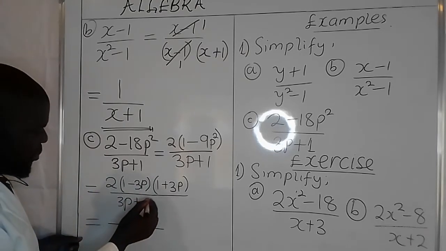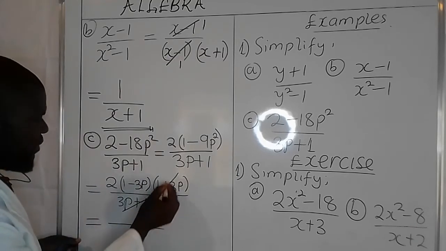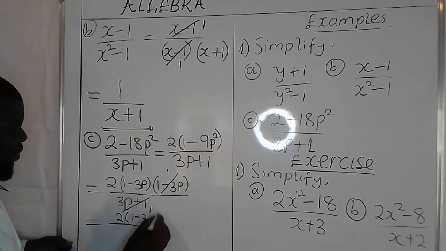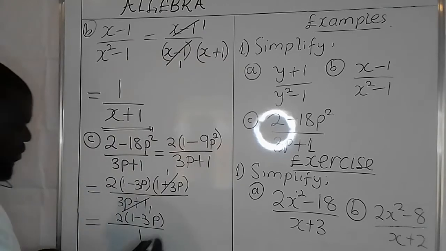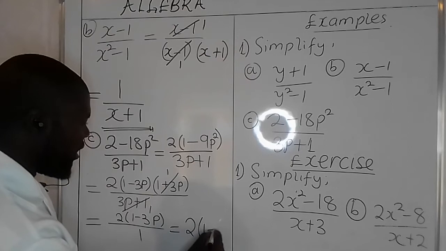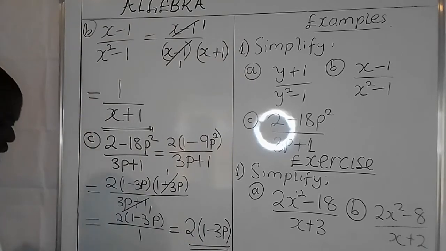So you can cancel 3p plus 1 and 1 plus 3p and get 1. So we shall have 2 outside, 1 minus 3p, divided by 1, which finally gives us 2 times 1 minus 3p as our final answer.